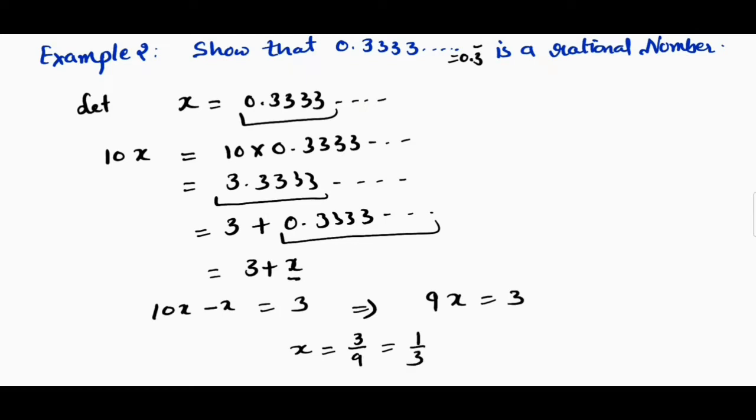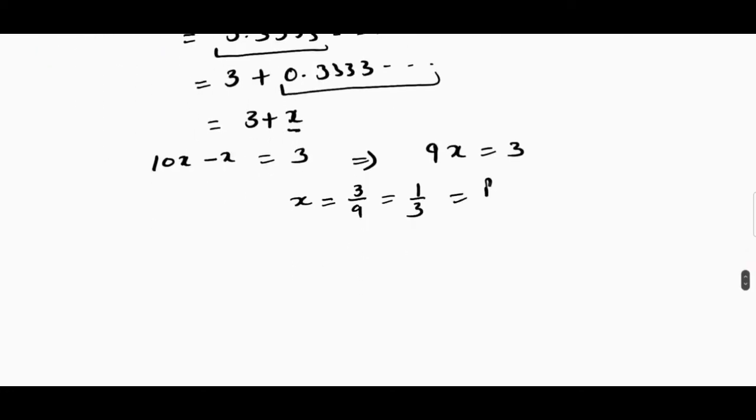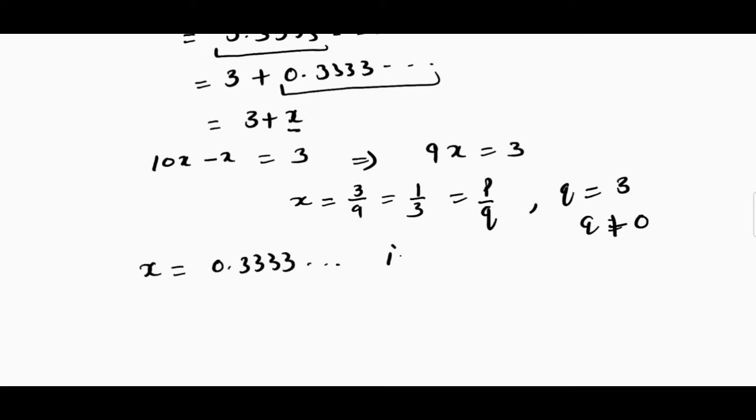It means I have represented my x, 0.333, as 1 by 3, means P upon Q form. So it means this number 0.333 is a rational number. This is P upon Q form, and here Q is equal to 3, which is not equal to 0. So it means x is equal to 0.3333 is a rational number.